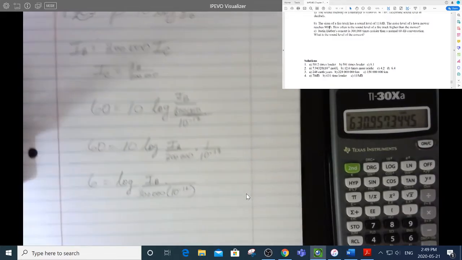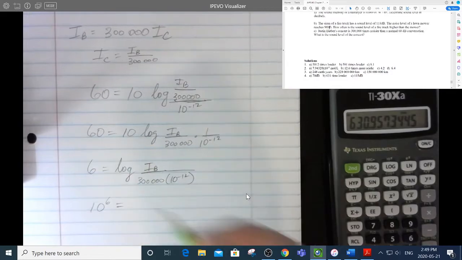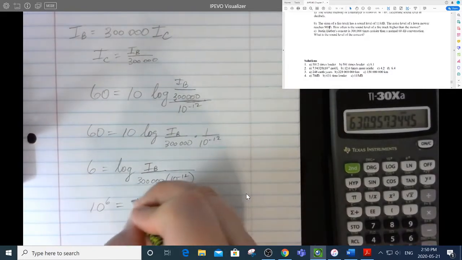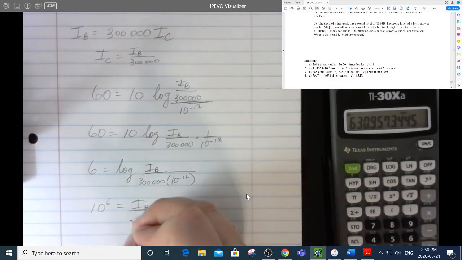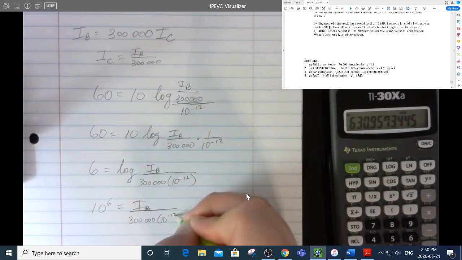And from there, I'm going to get myself an exponential equation. So the 10 is the base, the 6 is the exponent, and that is equal to IB over 300,000 times 10 to the negative 12.